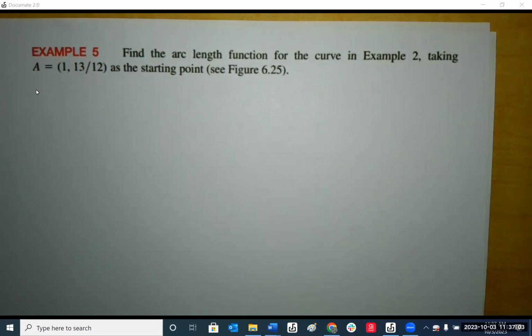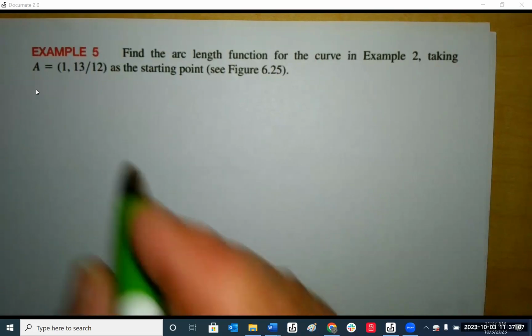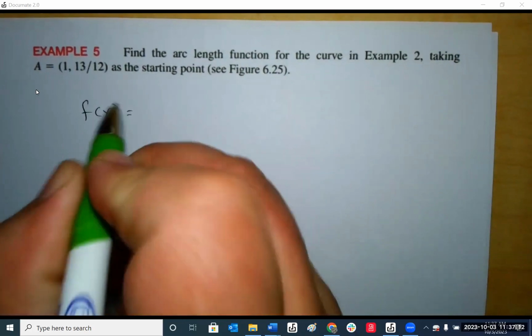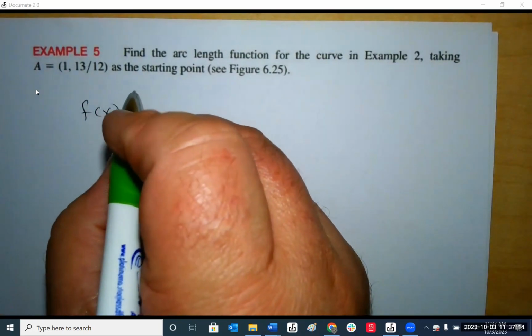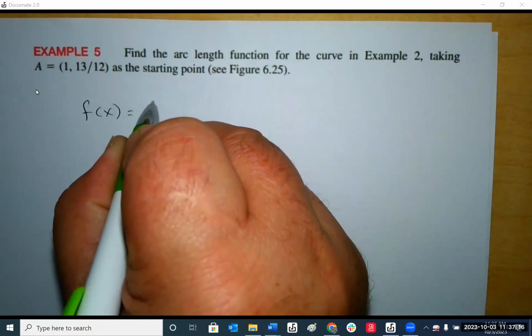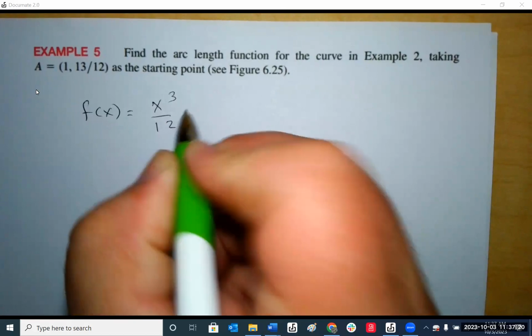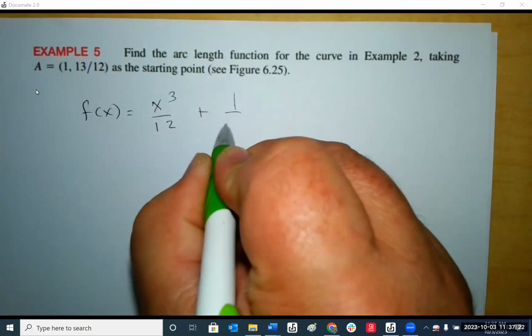Example 1. Okay, example 2, the function was x cubed over 12 plus 1 over x.